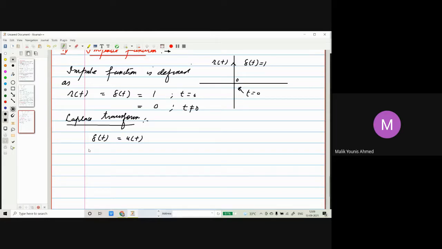The Laplace transform of delta t is the Laplace transform of d by dt of u of t. So we differentiate this u of t.